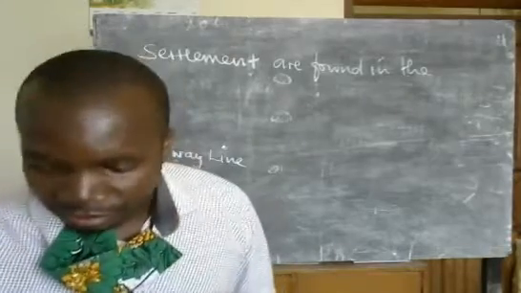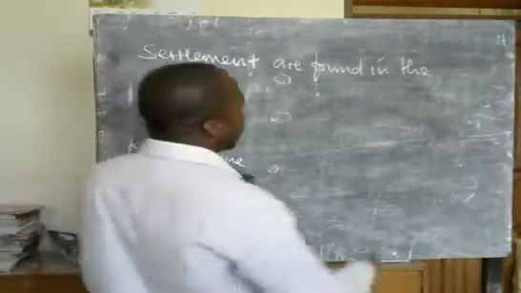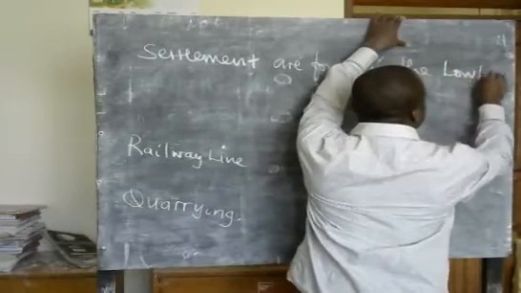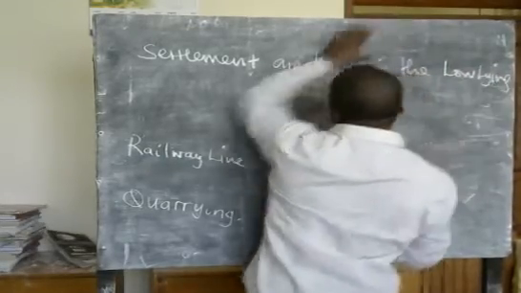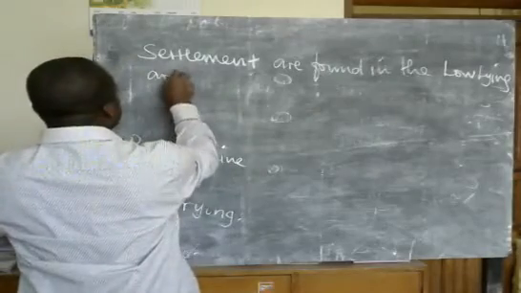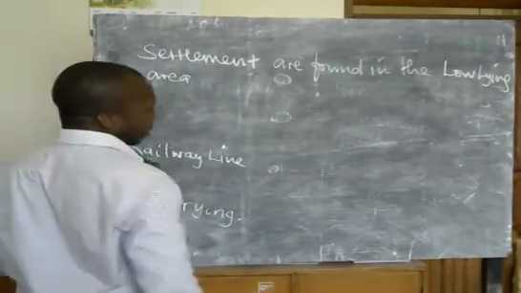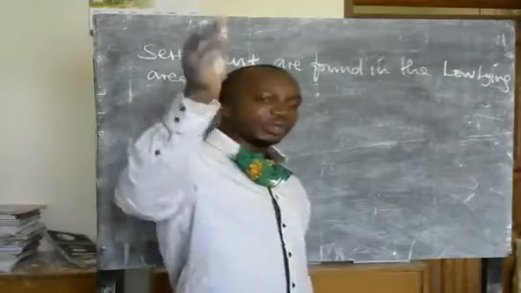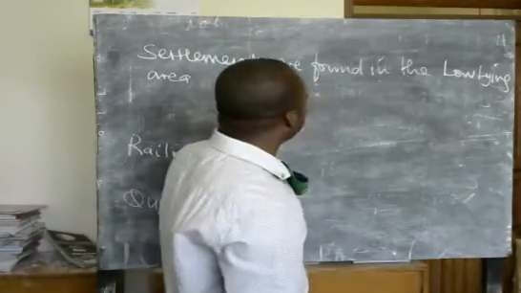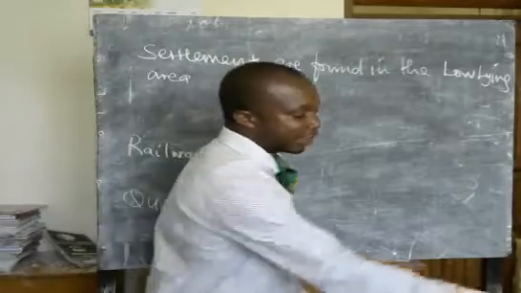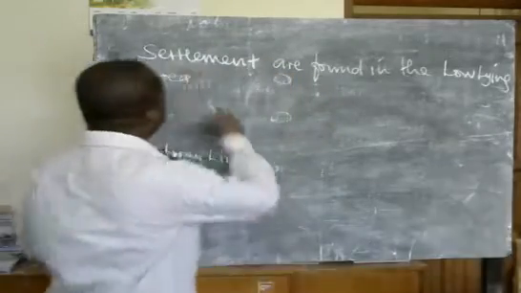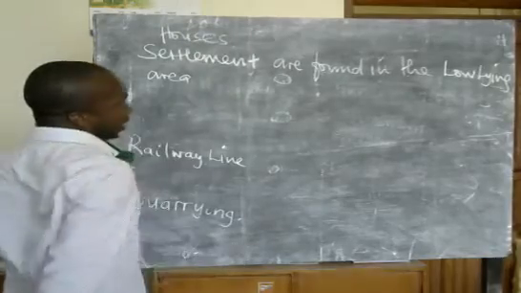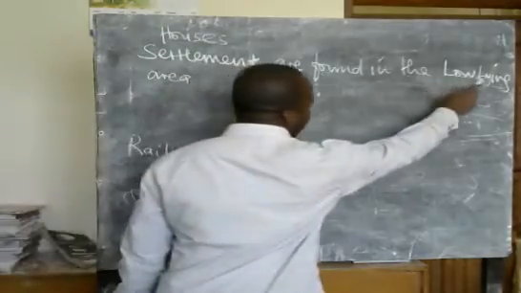No. Settlements are found in the low-lying area. Why? Because of the ease with which one can construct, for example, houses. These settlements or the houses, they are found in the low-lying area.